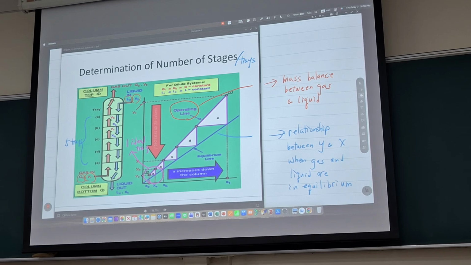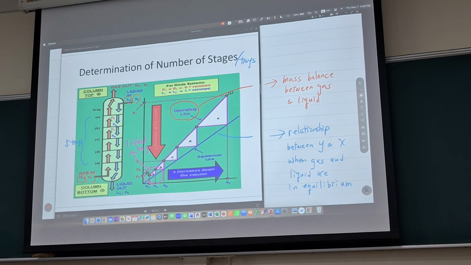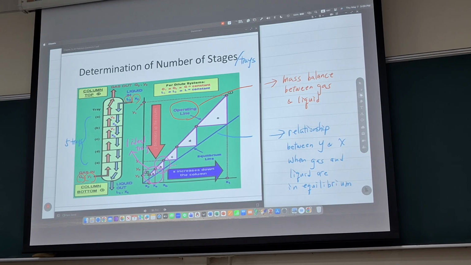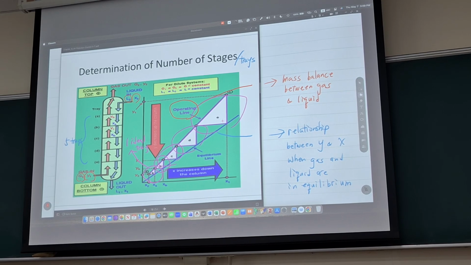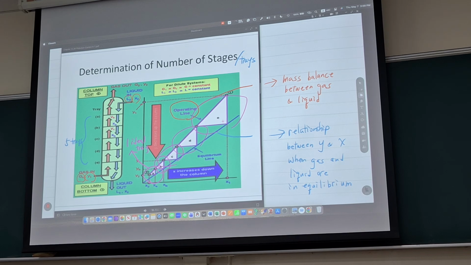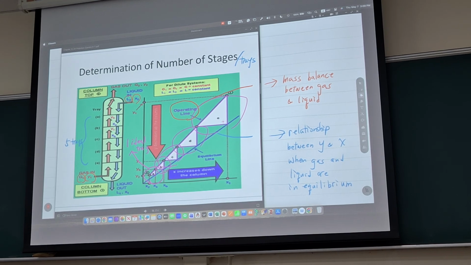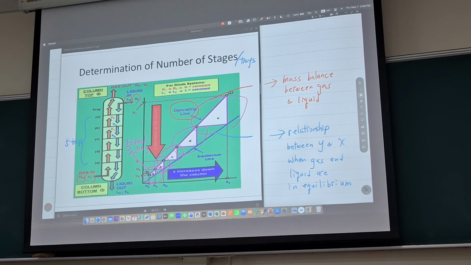One staircase represents one ideal or theoretical tray stage. So there are 5, right? This means you need to build at least 5 trays in your absorption tower for this case. So you need at least 5 ideal trays.